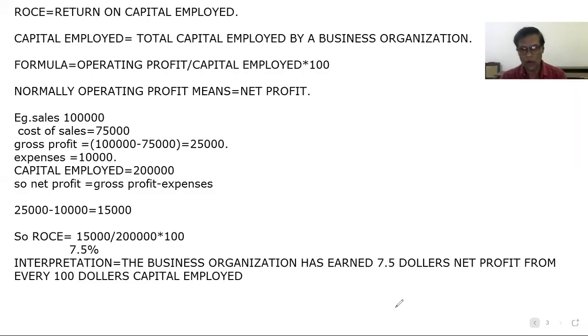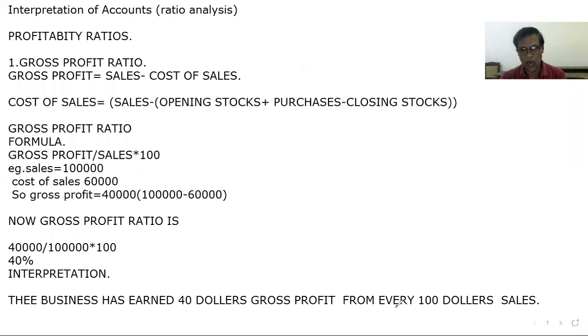Interpretation of accounts means ratio analysis. Mainly, ratio analysis we can discuss under three ratios. Number one is profitability ratios, and under that you have the gross profit ratio.